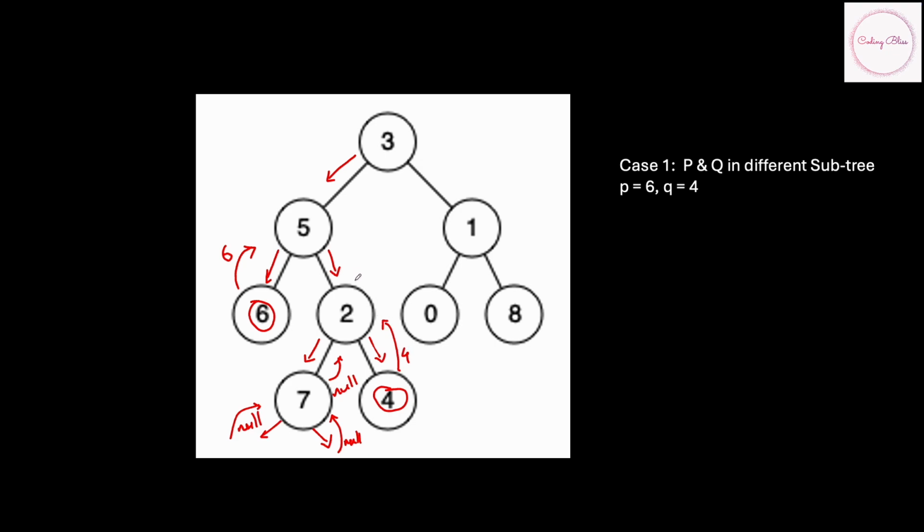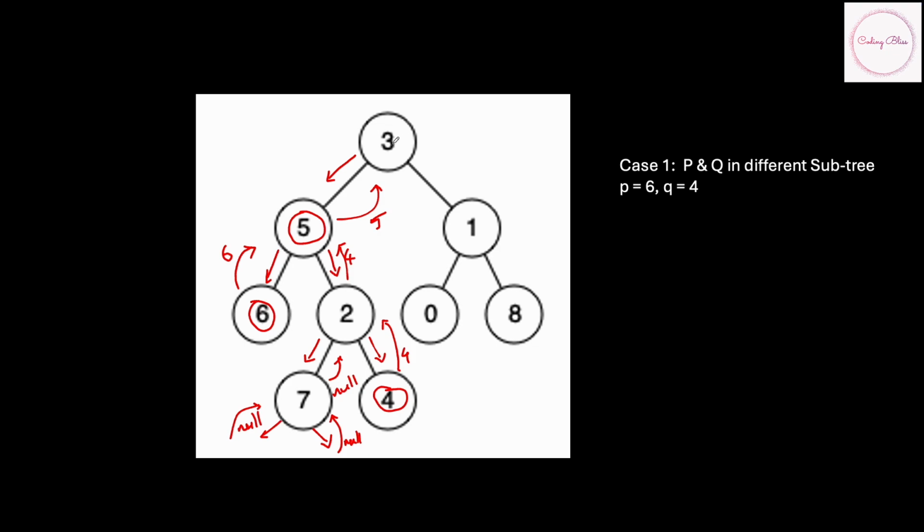So this means we only found 4, so we'll just return 4 here. For whichever part we got not null, we will just return that one. Now at 5, since we got both 6 and 4, its left and right are not null, that means this is a diverging node, or this is a common ancestor. So we will return 5.